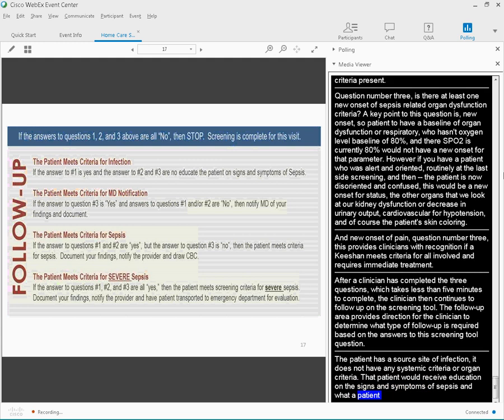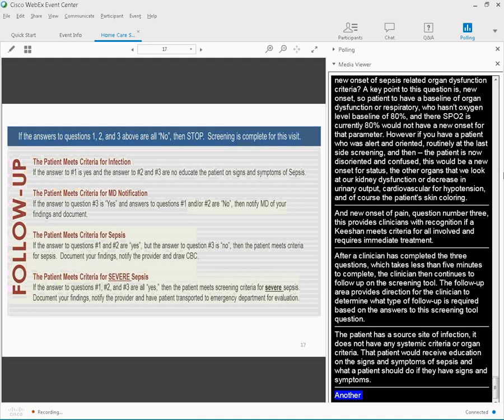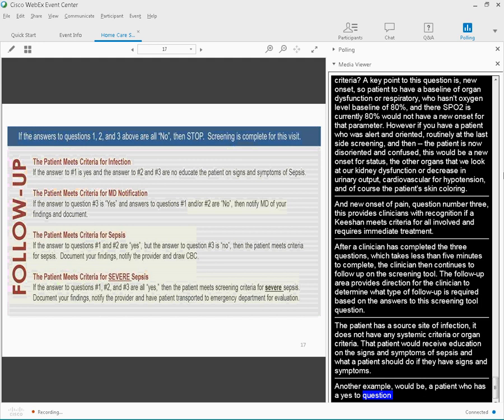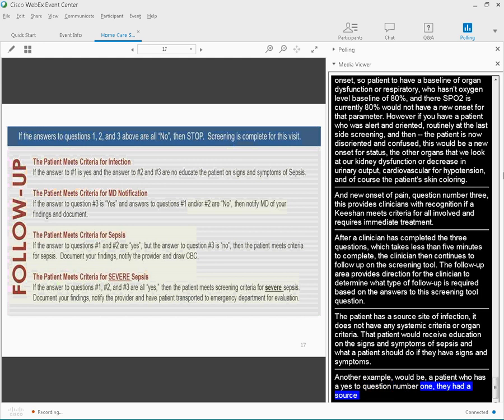Another example would be a patient who has a yes to question number 1. They have a source site of infection. The patient has a temperature, and the patient has a rapid heart rate.